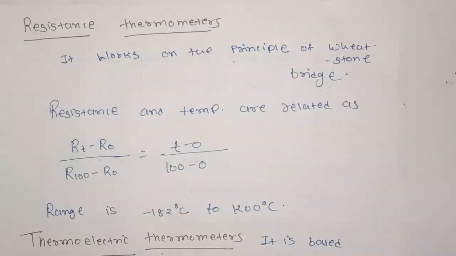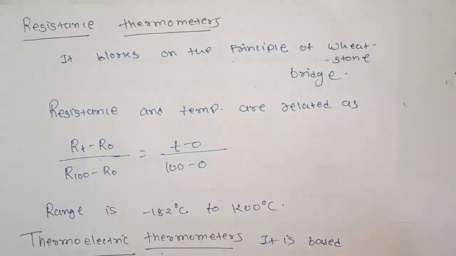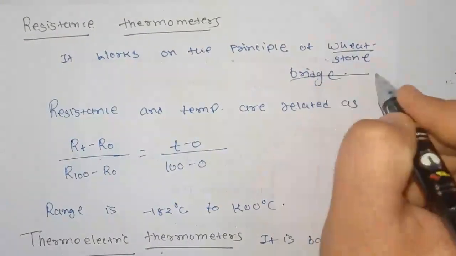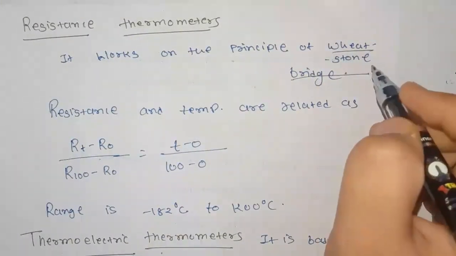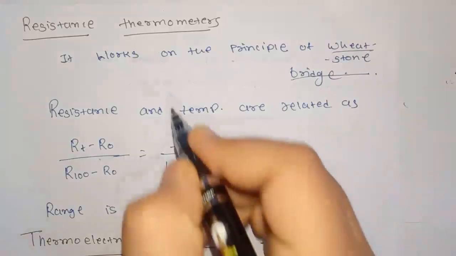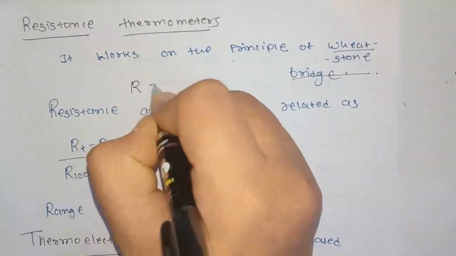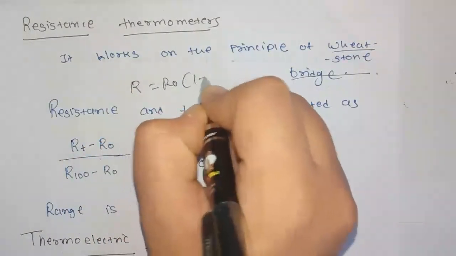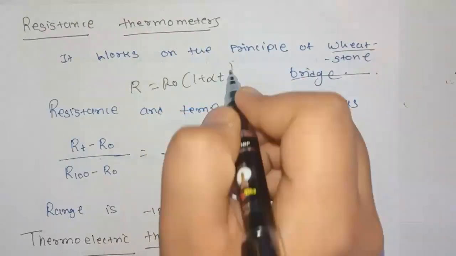The resistance thermometers. The platinum resistance thermometer works on the principle of the Wheatstone bridge. These thermometers are based on the fact that the resistance of a metal wire varies with temperature according to the relation R is equal to R naught into (1 plus alpha T).